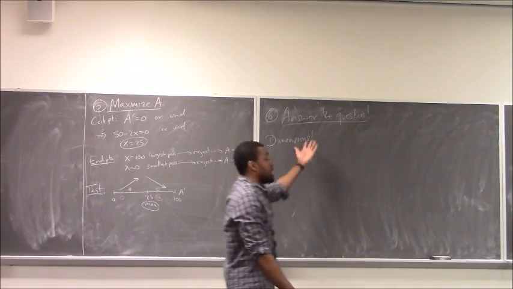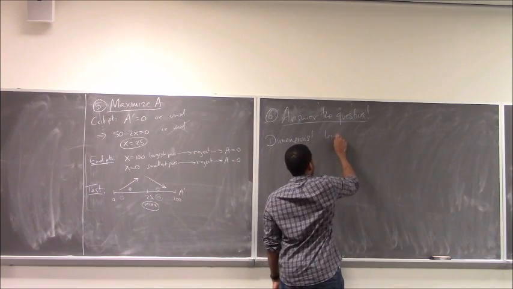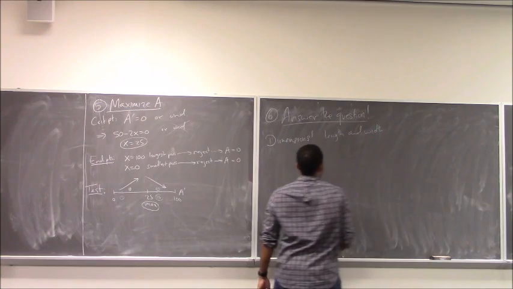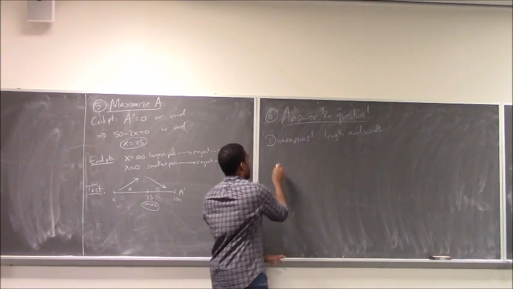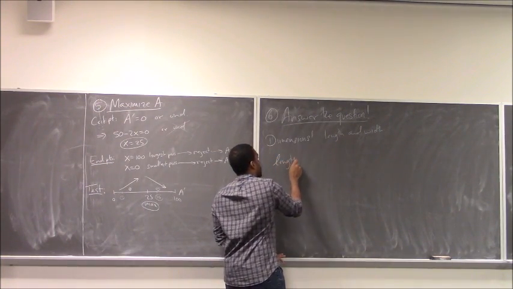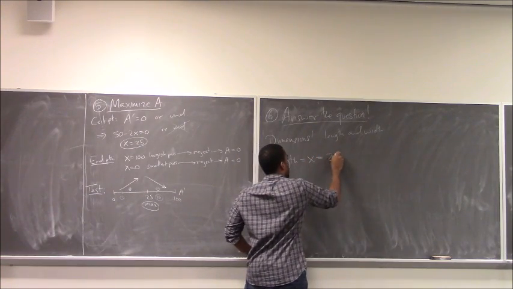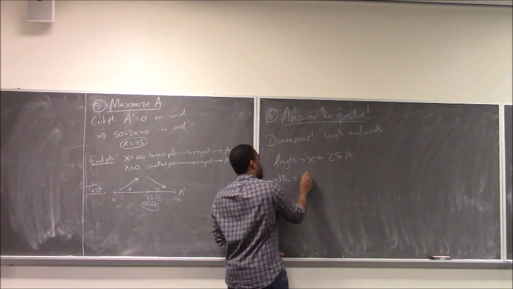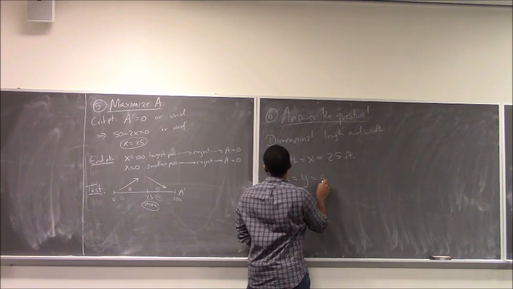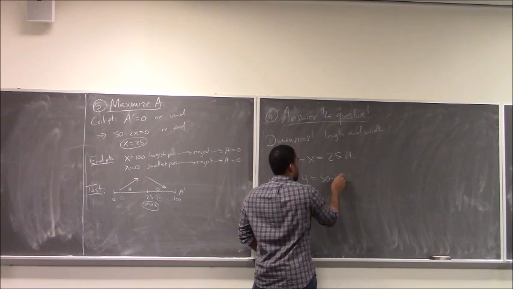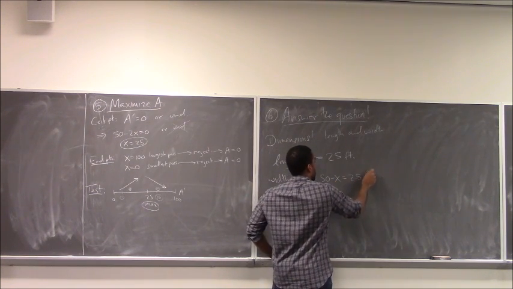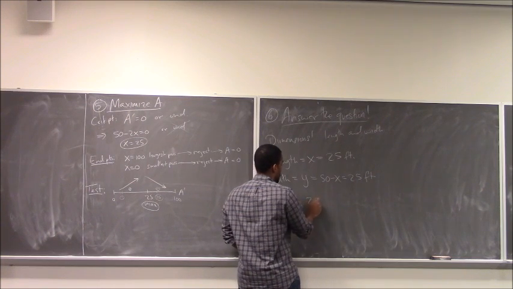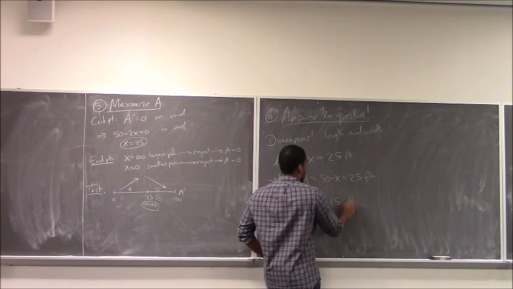I asked you for the dimensions, which means you need to tell me what the length and the width are. So based on our diagram, we know that the length is equal to x, which is 25 feet. And we also know that the width was equal to y, which was 50 minus x, so that's also 25 feet. So we need a 25 by 25.